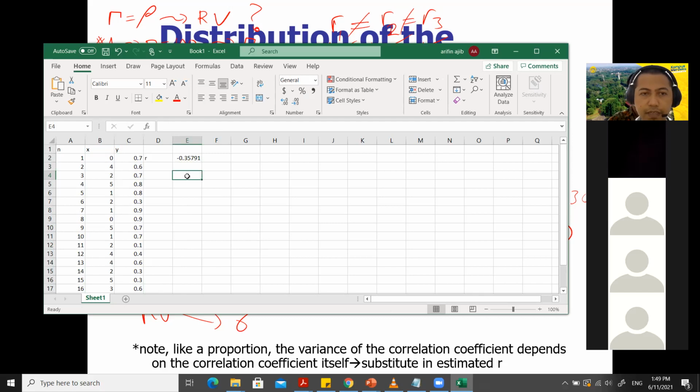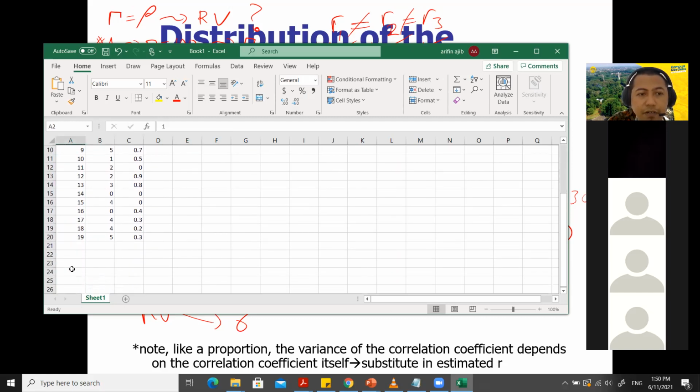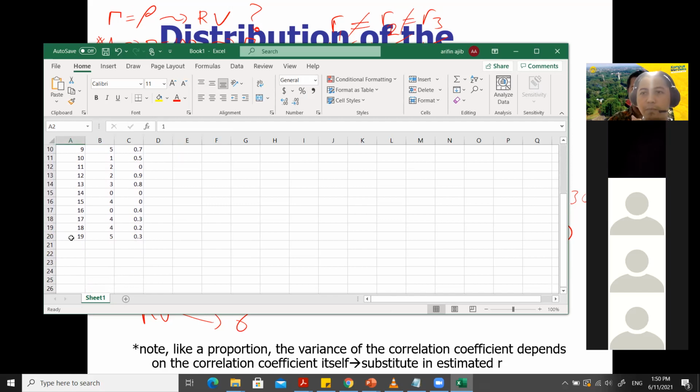I will change the data, X and Y, and the R is also changing, depending on the changing of X and Y. Even the number of data is still the same, 19, from observation 1 and 2, but you can see the R is changing.